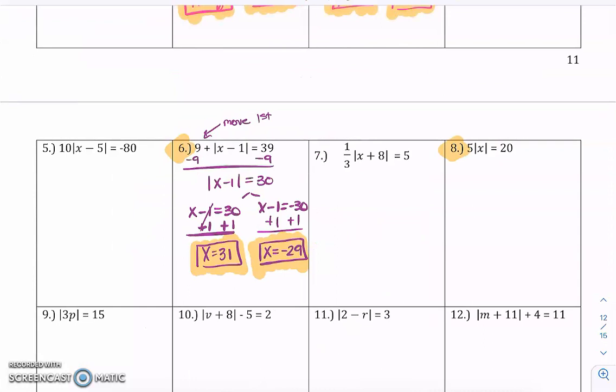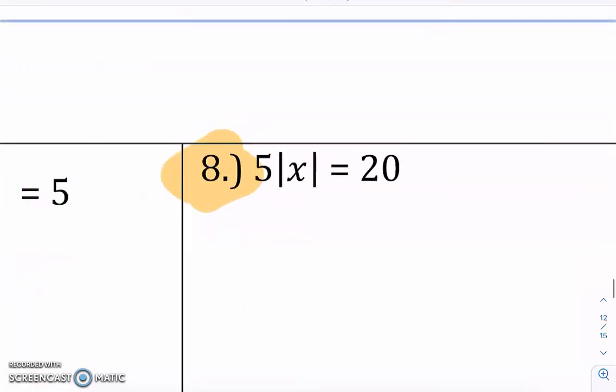Okay, so for number 6, we had to subtract that 9 over. The absolute value was not by itself, but it was 9 plus the absolute value. So for number 8, this is not 5 plus the absolute value of x. These guys are right up next to each other, so they're really multiplying together.